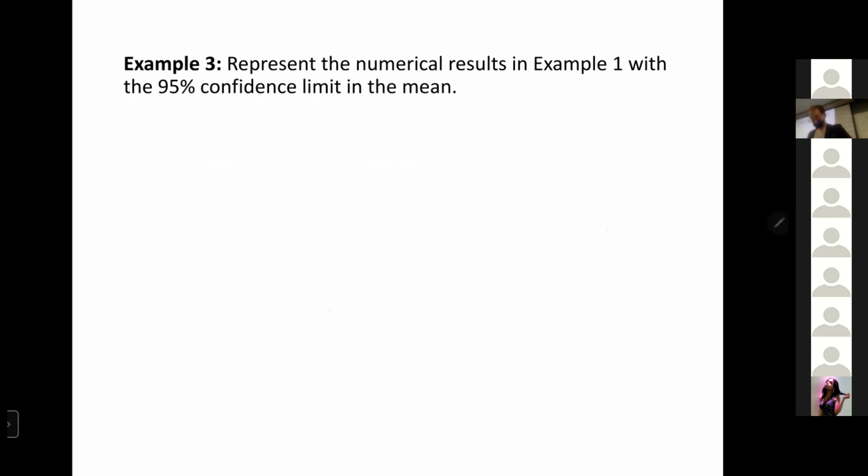Okay, so the next example problem, we're going to represent the numerical results that we obtained in example 1, right? This repeated measurement of the laboratory pressure with the 95% confidence limit and the mean. Okay, so the value that we calculated for the mean was 761.62 torr.